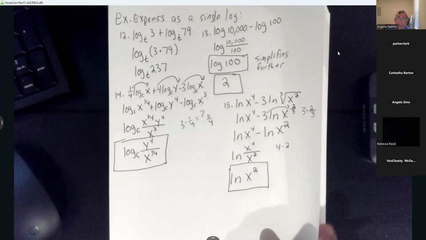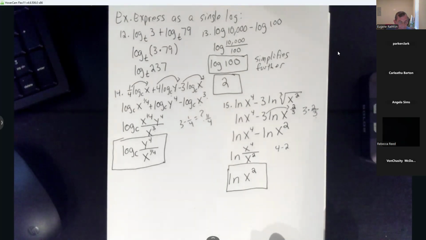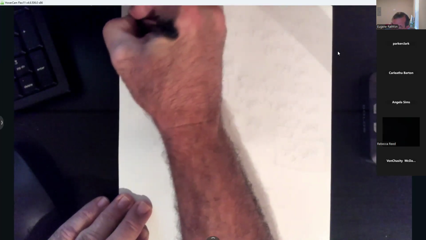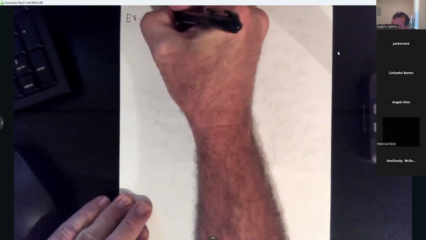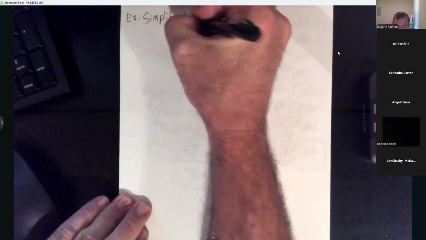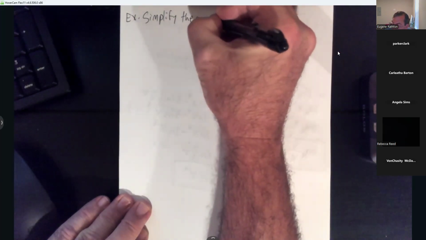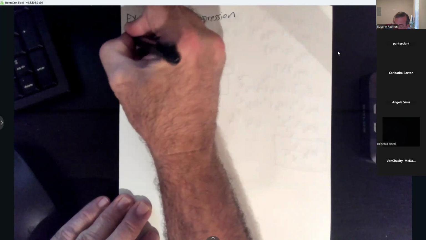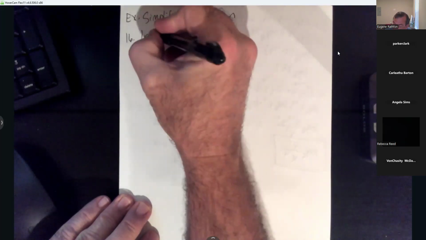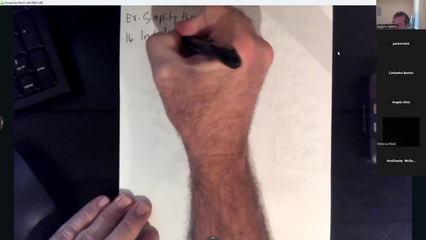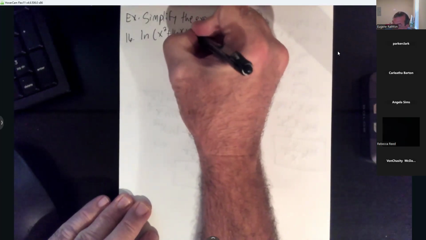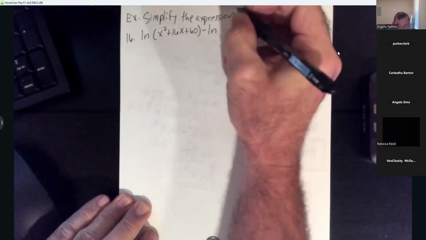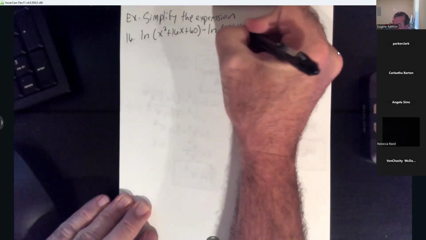All right, y'all, there's 2 more in this section. So 16 and 17 will say, simplify the expression. All righty, so 16, I got ln of x squared plus 16x plus 60 minus the ln of x plus 10.